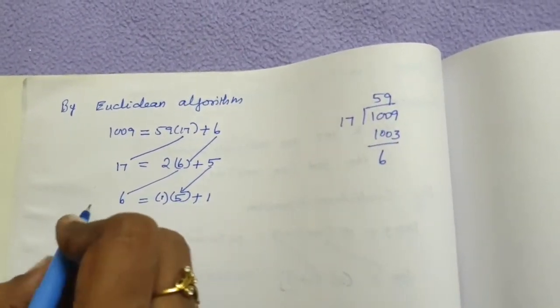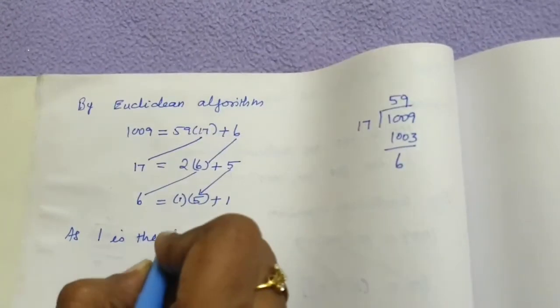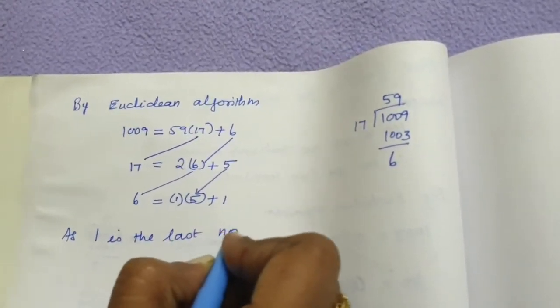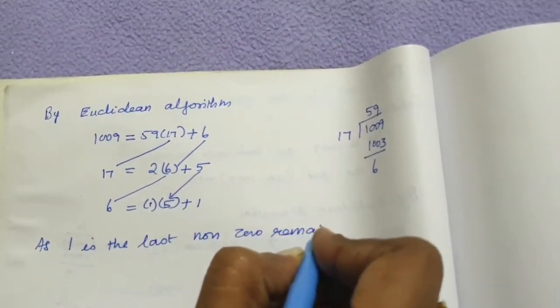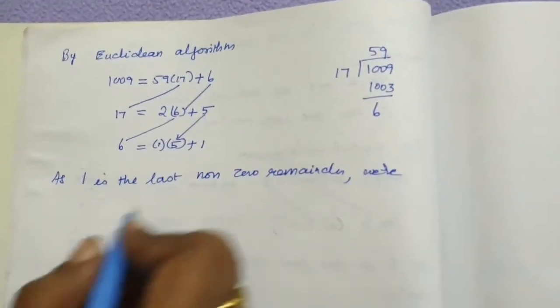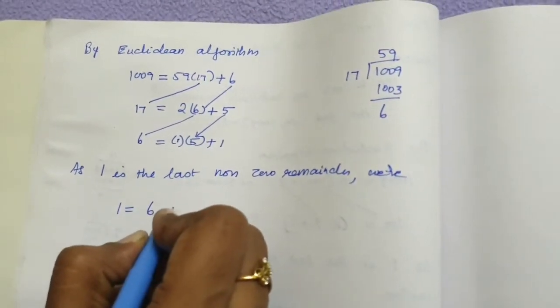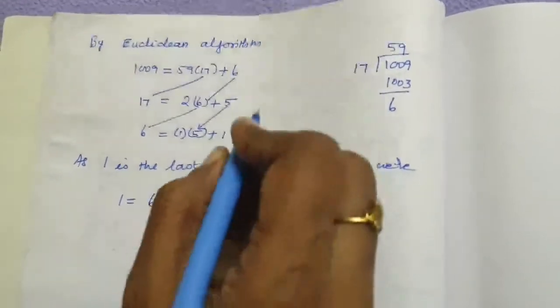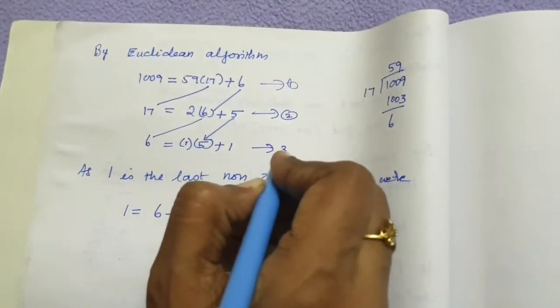Next, as 1 is the last non-zero remainder, 1 can be written as 6 minus 1 times 5. Put this as equation number 1, this one as 2 and this one as 3.